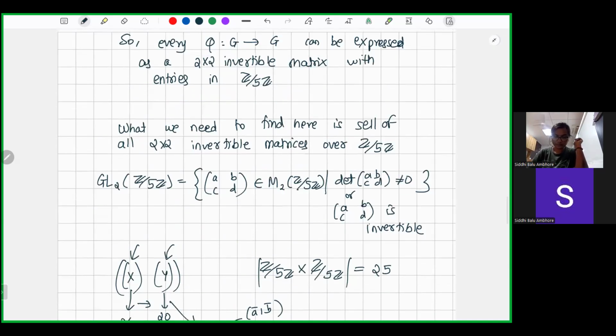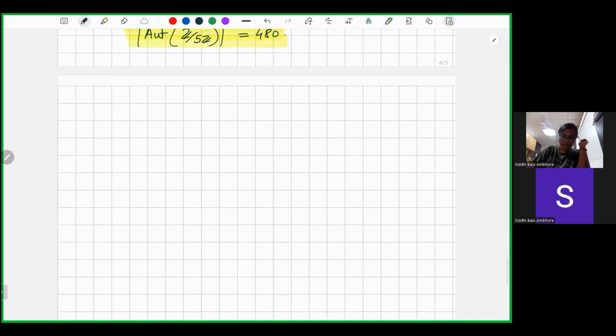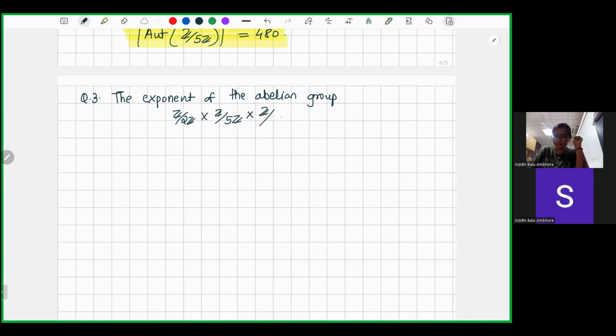Okay, so third question: the exponent of the abelian group Z cross 2Z cross Z cross 5Z cross Z cross 6Z. The options are 10, 15, 30, and 60.